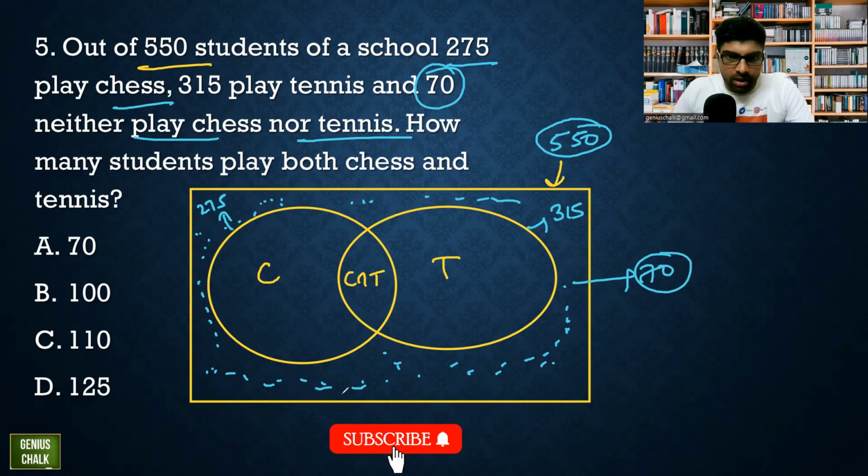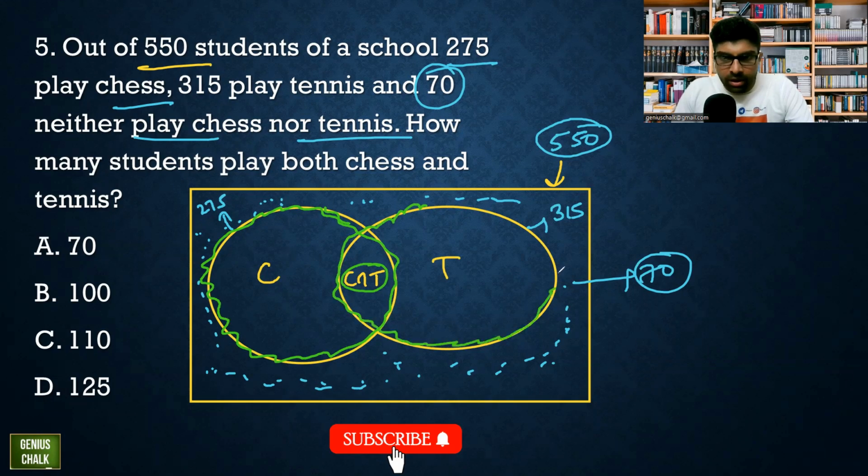Now let's see. To find the answer of what is asked, it says how many students play both. So this is asked. You know the basic formula. This green region is total chess, and this is total tennis.